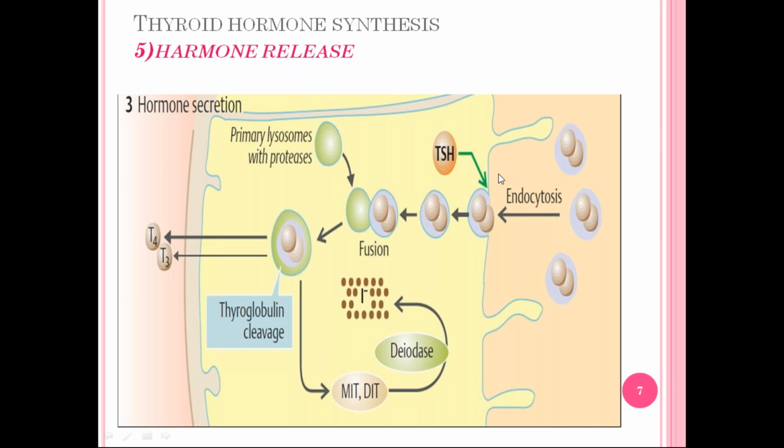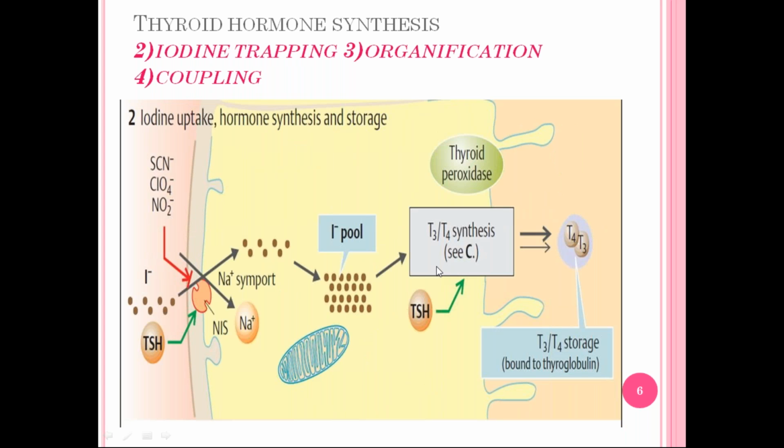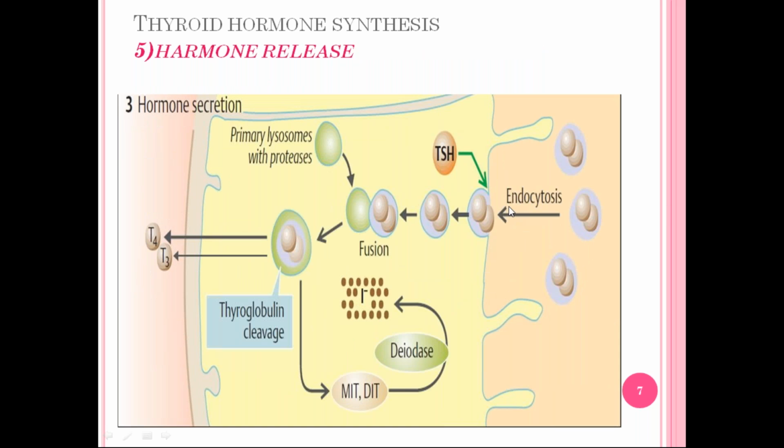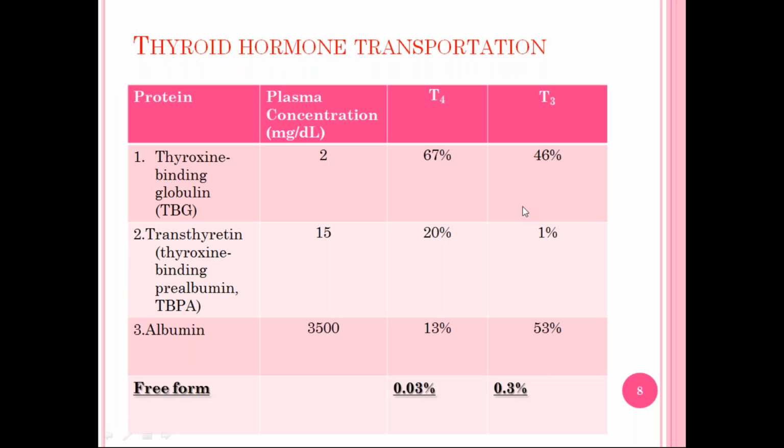Which one will stimulate it? TSH, thyroid stimulating hormone, also called thyrotropin, attaches to the TSH receptors in the thyroid gland and stimulates the formation of thyroid hormones T3 and T4. So this is basically how T3 and T4 are secreted.